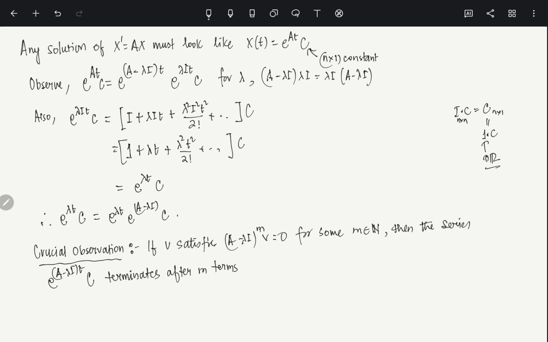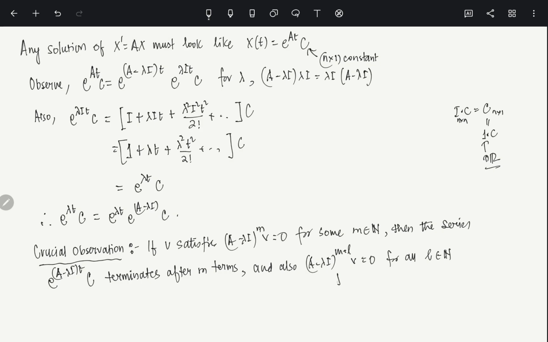That is very easy to see. And if this is 0, then A minus lambda I to the power m plus l is also going to be 0 for all l in N. So if A minus lambda I whole power m is the zero matrix, then if you increase the power by 1 or 2 or whatever, m plus l, that is also going to be 0. I hope this is clear.